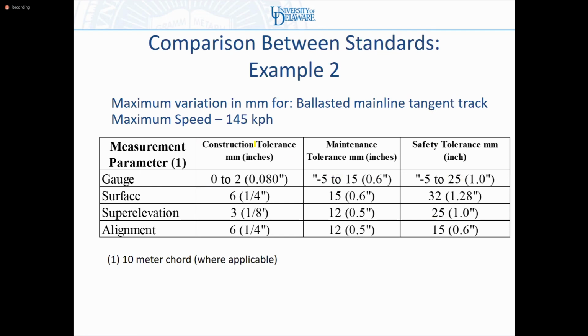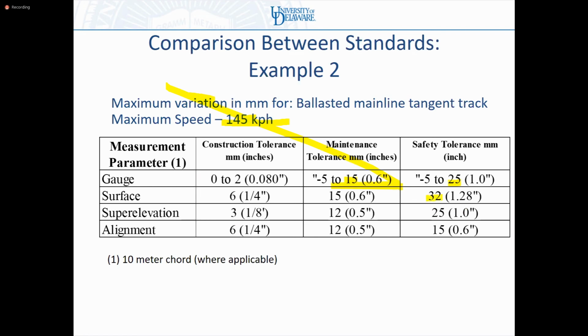Just to show you the variation, this is the same railroad at 145 miles per hour. So you notice the gauge, remember this was 25 and 32 before? So you notice it's 15 and 25. I have a tighter standard here at higher speed, which is normal.